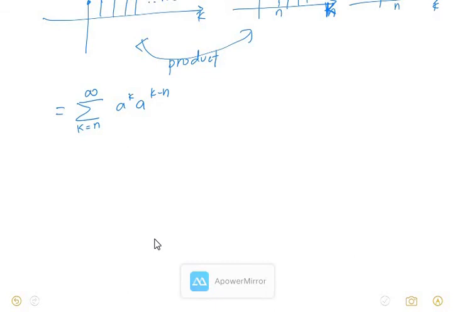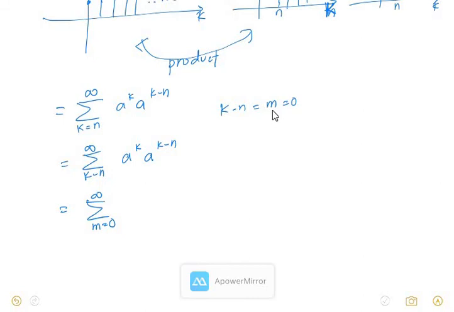Next, I assume that k minus n equals m, equal to 0. So here k minus n is equal to m, and I want to change the k in terms of m.